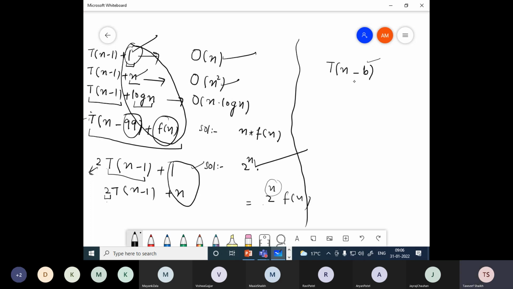So we write t of n minus b. Each time there is some multiplication factor on t on the left hand side. In those cases it was 1, 1, 1, but sometimes it is 2, sometimes 3, anything. So we denote it by a variable a. And similarly, there is one more term in this recurrence, something added to the whole, which we denote by f of n.